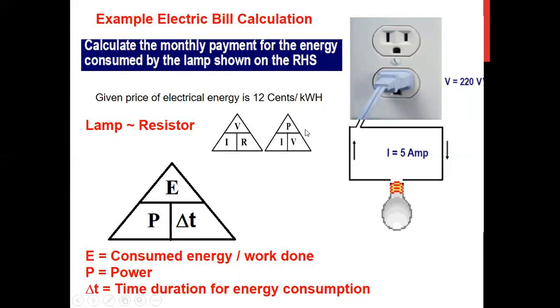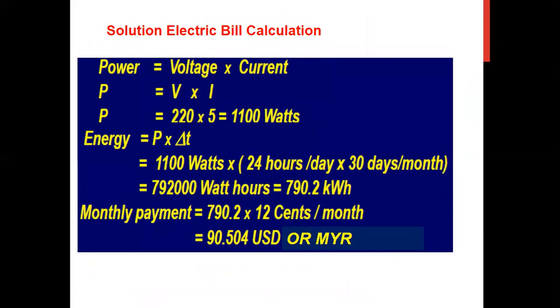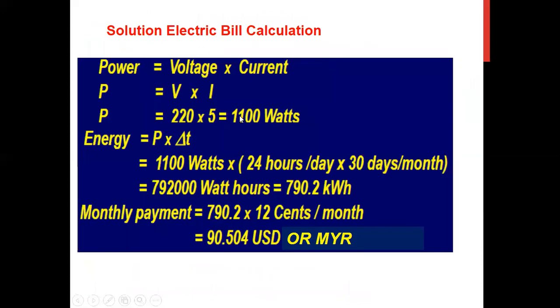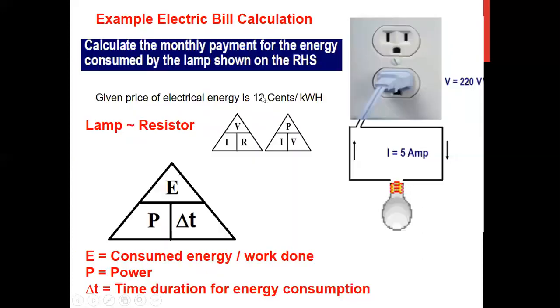So the energy or the work done equals P times delta T, with P equals IV and V equals IR. This is the energy. Now, for this example, let us see the electric charge per kilowatt hour.